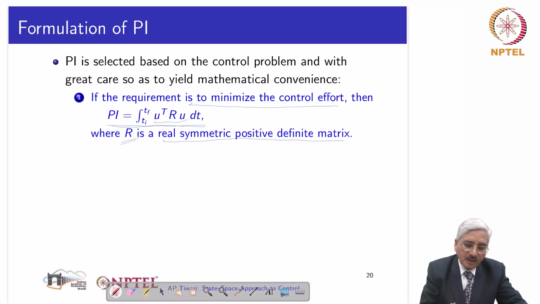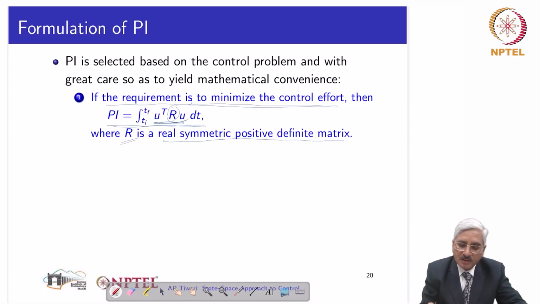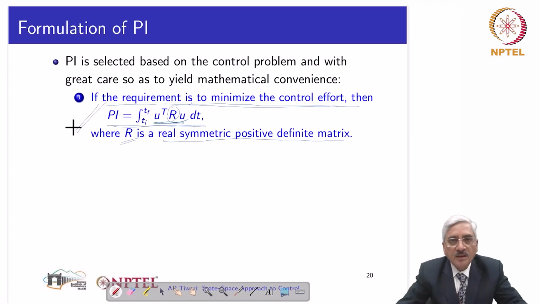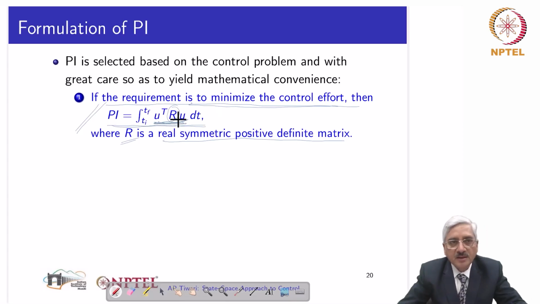And we know that U transpose RU will be positive definite if R is positive definite. So one way to specify the requirement is through this PI, in which it is required to minimize the control effort. Now it is very clear that because it is a quadratic, its value will not be less than 0. It can be only 0. So the minimum value will be 0.